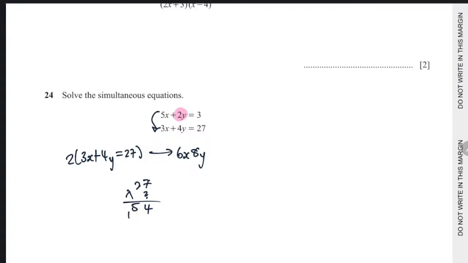That's 54. So it's 6x plus 8y equal to 54, because it was equal to 27.